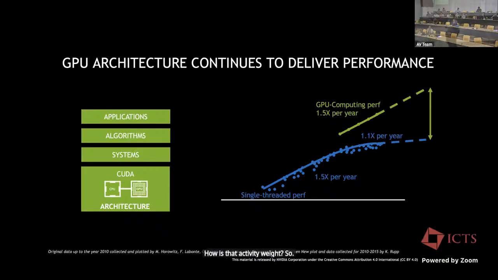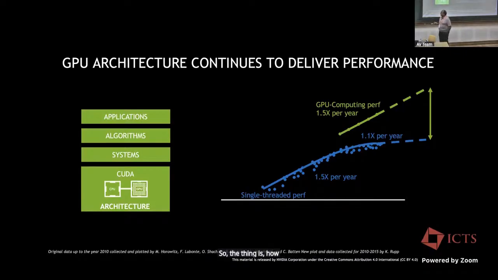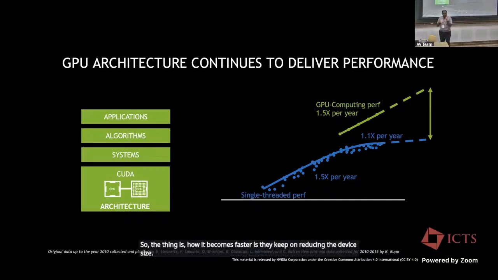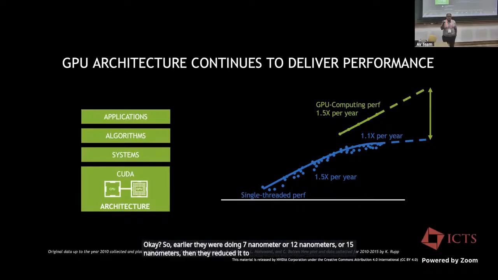I'm not saying it is becoming costlier, actually it becomes slightly cheaper. How it becomes faster is they keep on reducing the device size. Earlier they were doing 15 nanometers, then they reduced it to 12 nanometers and then 7 nanometers.